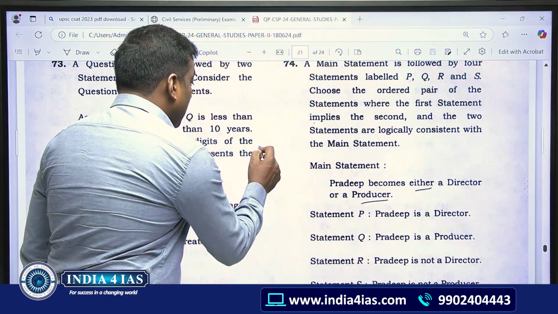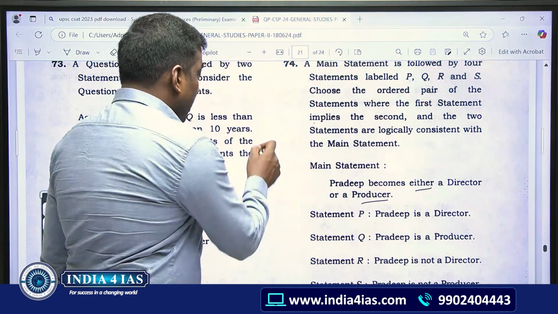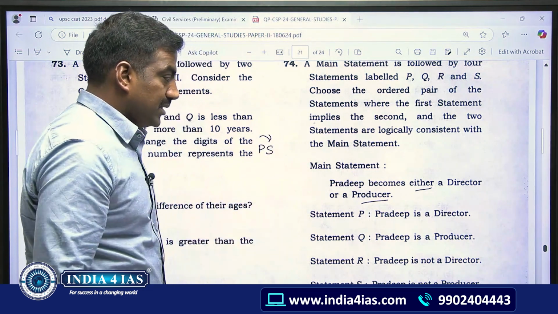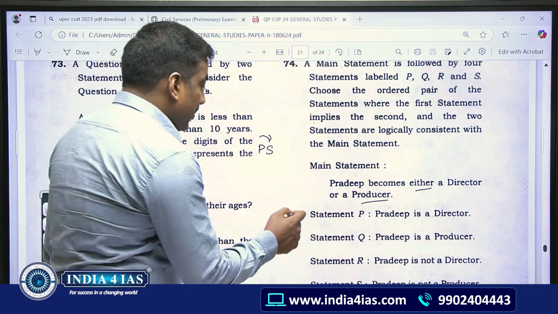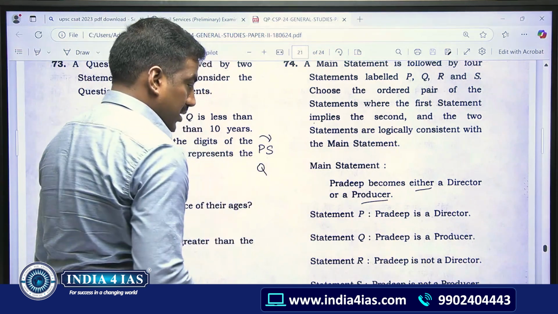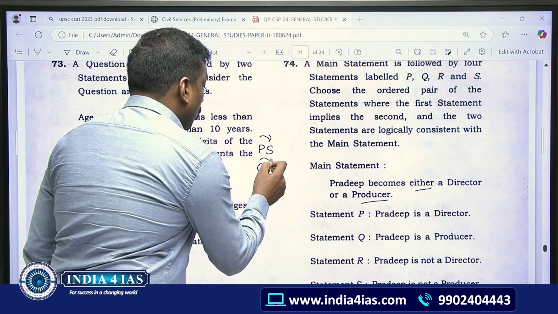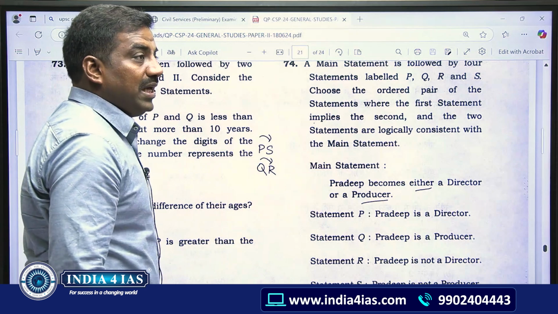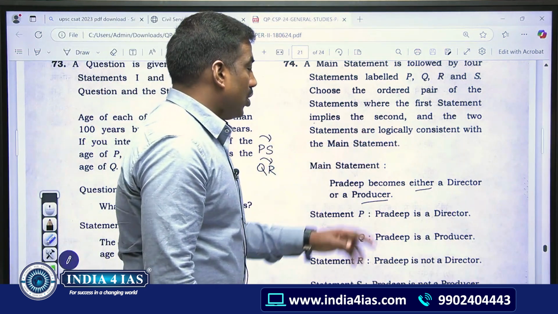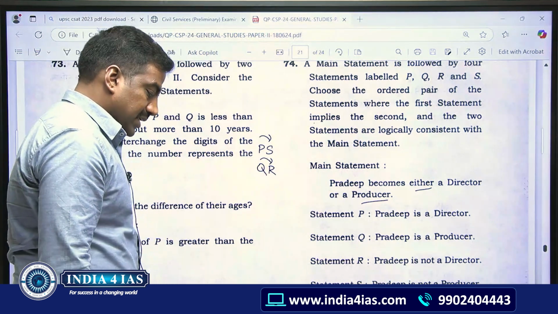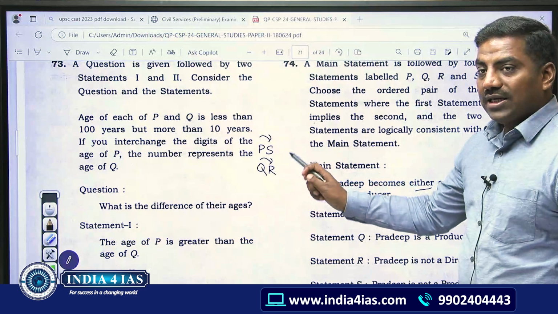So P implies S. And the other thing, Pradeep is a producer, Q. That means Pradeep is not a director, that is R. Q implies R. P implies S and Q implies R, and the two statements are logically consistent with the main statement. Yes, this is the conclusion: P implies S, Q implies R.